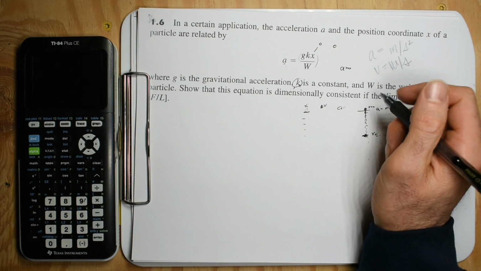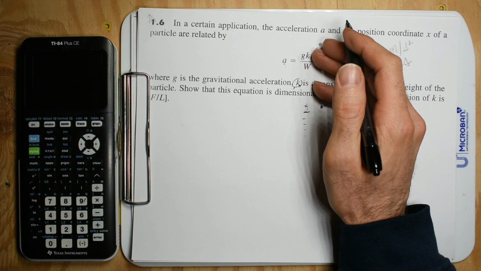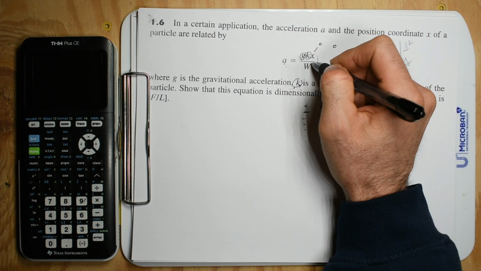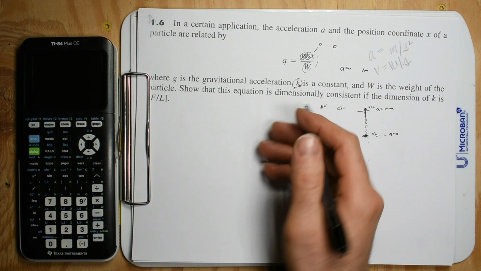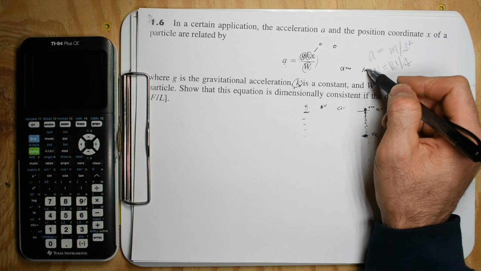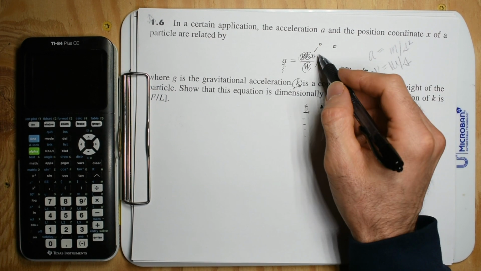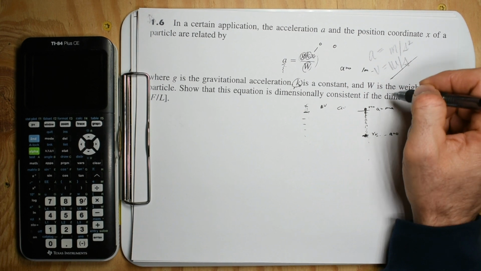At position 1 meter, the acceleration is gravity times this constant divided by w. And the more distance you go, this just explodes. You just get a ton of acceleration because it's going to keep going up, I guess linearly. You get a linear relationship.